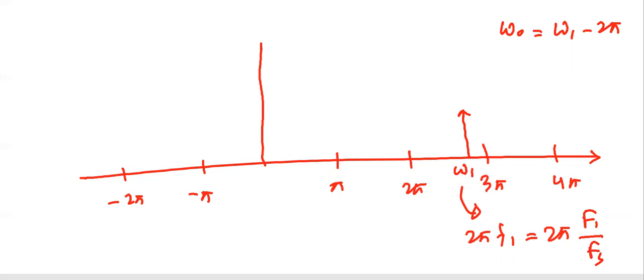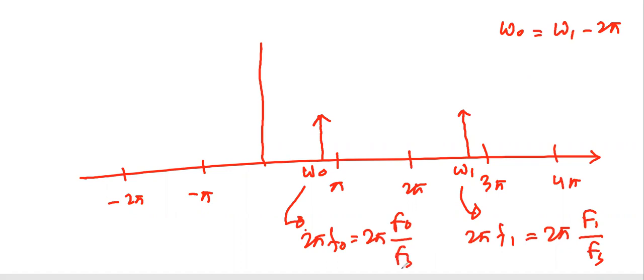So where is that? And we have found it. Okay, this is your omega 0. Now what is omega 0? Omega 0 equals 2π f0, and 2π f0 is again 2π F0 by fs. Now who are identical?